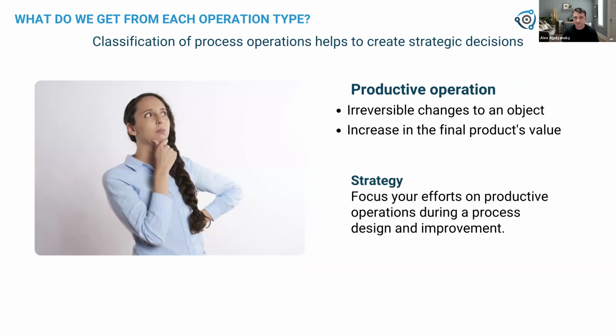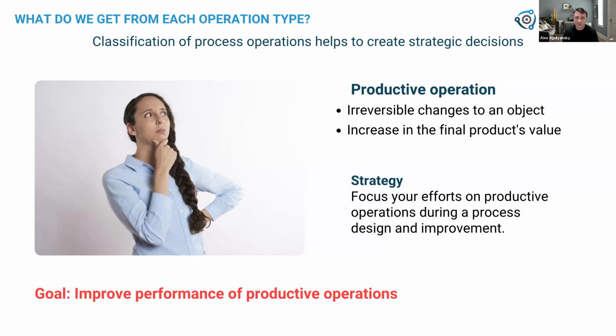Normally, the strategic decision here should be to focus our efforts to improve the operation, to make it more efficient, better yield, and so on. So if we want to invest any effort into anything, we should invest it into productive operations, to improve the performance of productive operations.